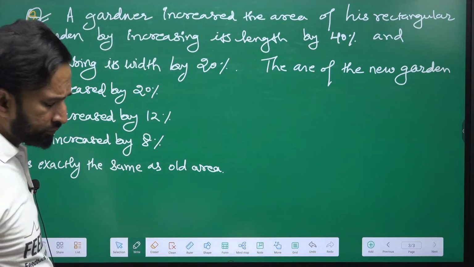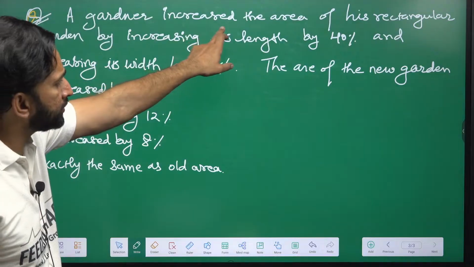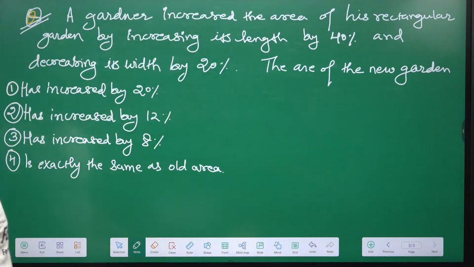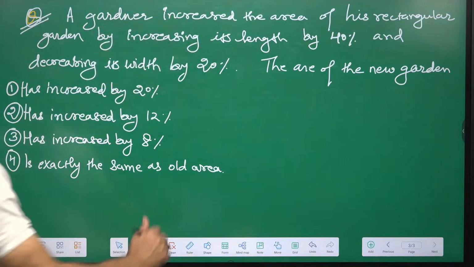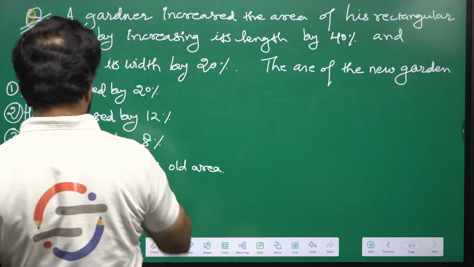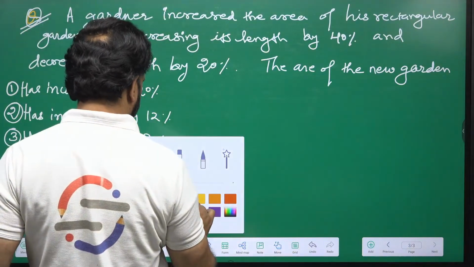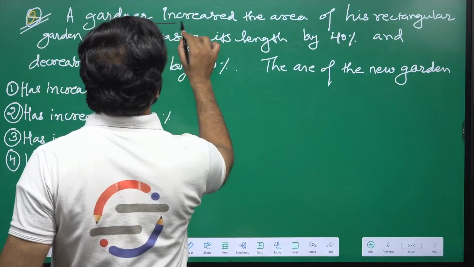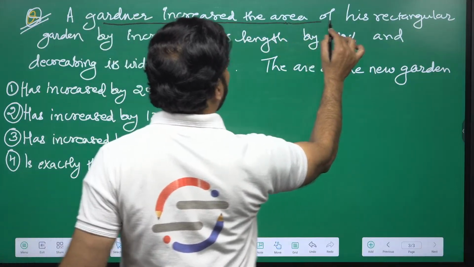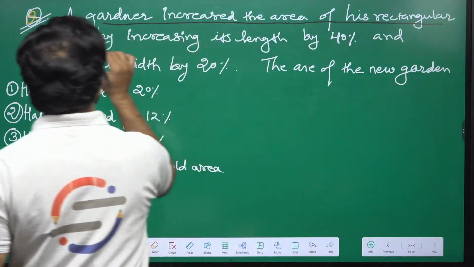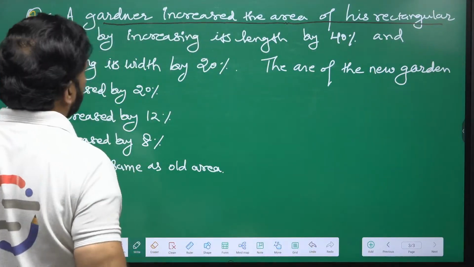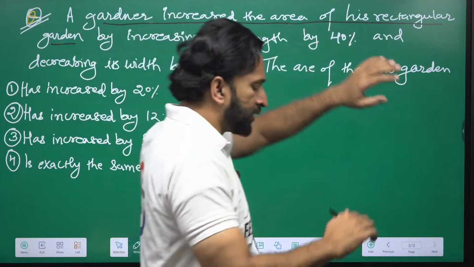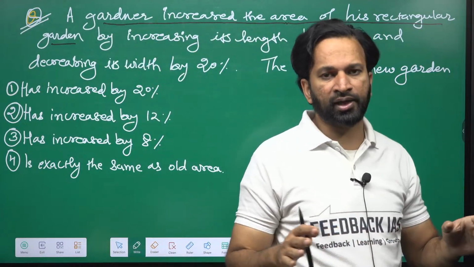A gardener has increased the area of his rectangular garden. It is very straightforward. There is a gardener who increased the area of his rectangular garden.